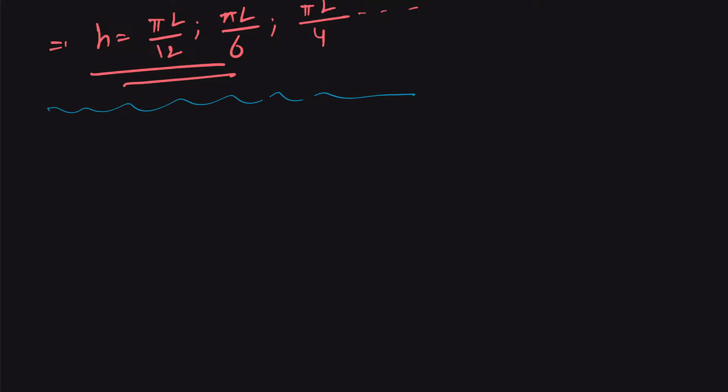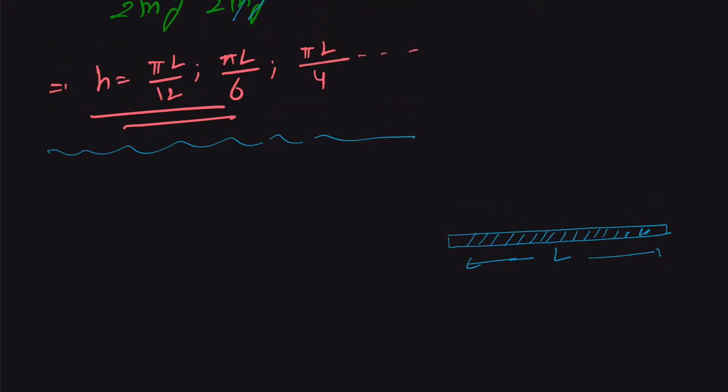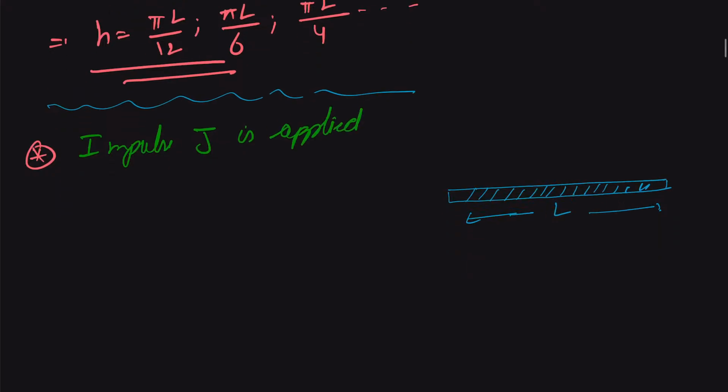In this case, let us suppose this is our stick, and impulse is applied to one of the ends, and let us suppose the length is given as L. So we have an instantaneous impulse, that is impulse J, applied at one end.